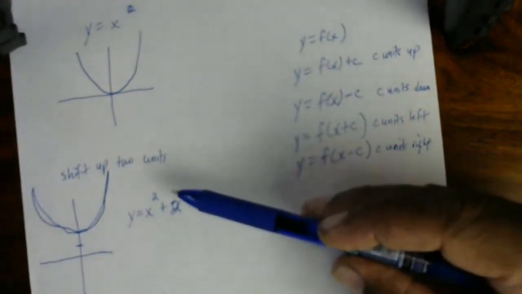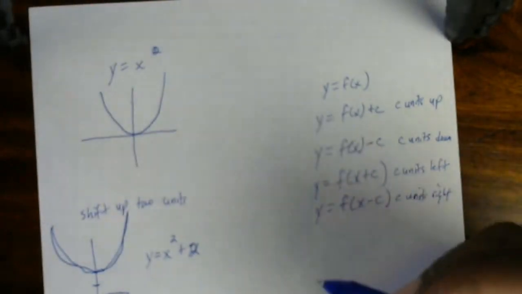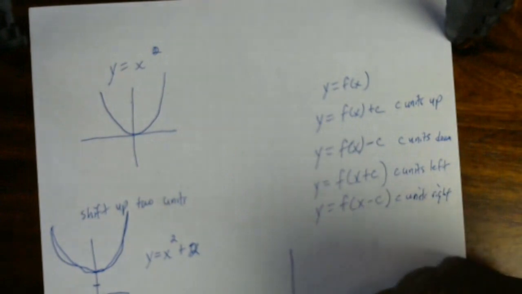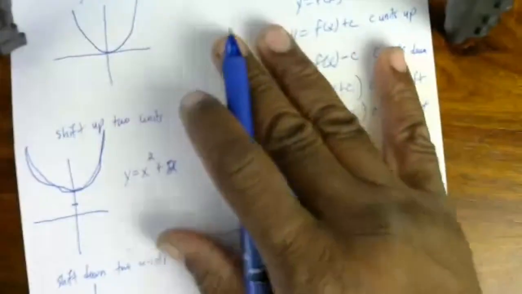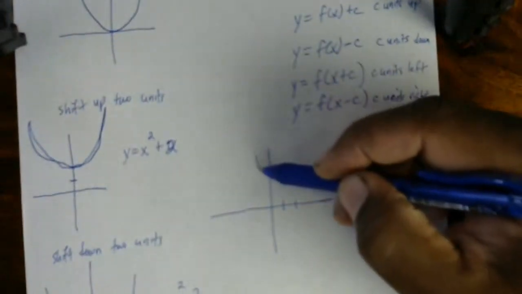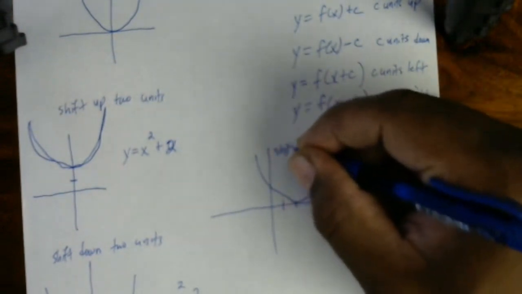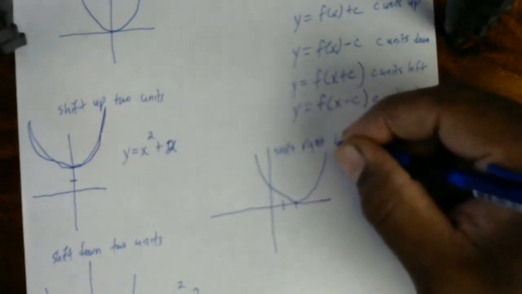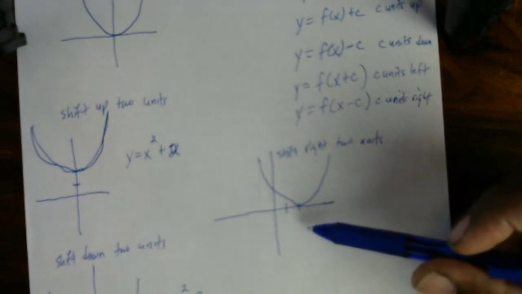All right, so let's re-examine these. If we wanted to take this x squared graph, and let's say we wanted to shift to the right 2 units. So physically, this is what I mean. We're taking this graph, we're shifting to the right 2 units. What should my function now look like?